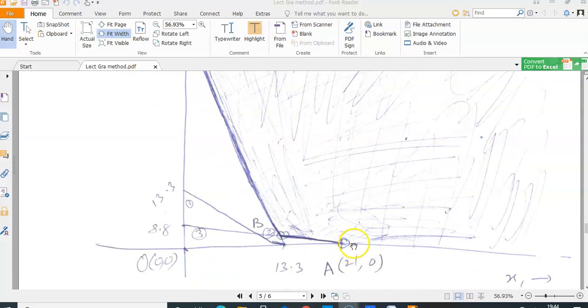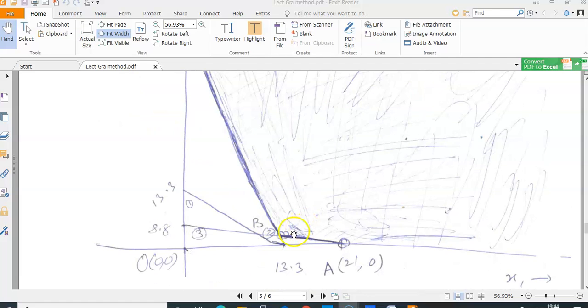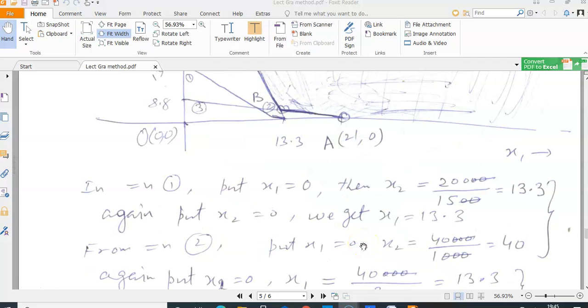These are the coordinates of this point, and we find the coordinates of the other points by the same method, and the coordinate of this point is 0 and 40. For point B, we have to consider the intersection of line 2 and line 3.